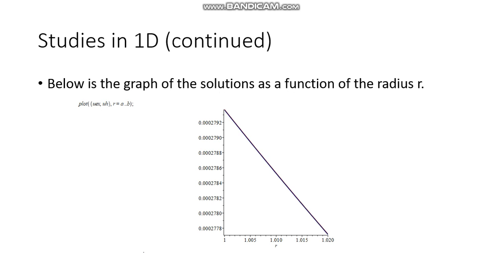Here is the graph of the exact solution and the finite element method solution plotted as functions of the radius r. As you can see, the two solutions at this resolution are nearly indistinguishable. So it's good to see that for this stage of the problem, the finite element method is giving pretty good and accurate answers to this problem.